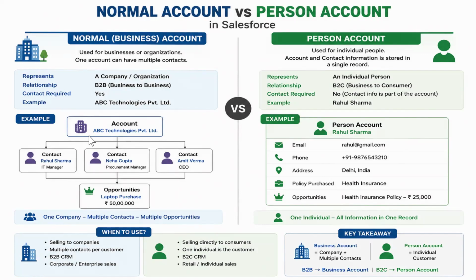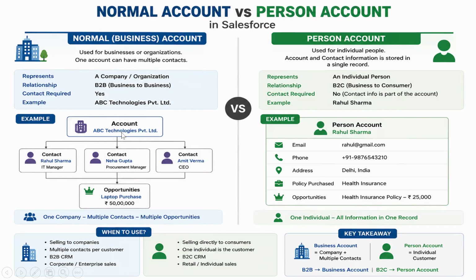So let's compare both. A business account represents the company. The relationship is basically a B2B relationship. A contact will be required, because if you are doing a B2B business relationship, then definitely one connecting person will be needed to whom you are going to connect. For example, I have prepared one example here.